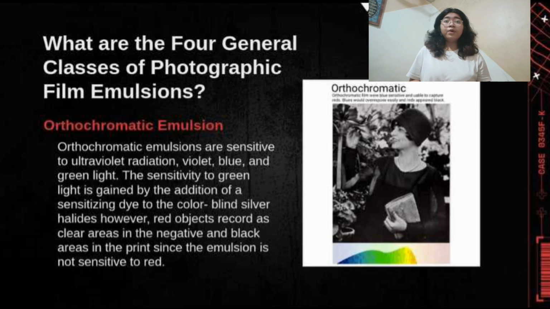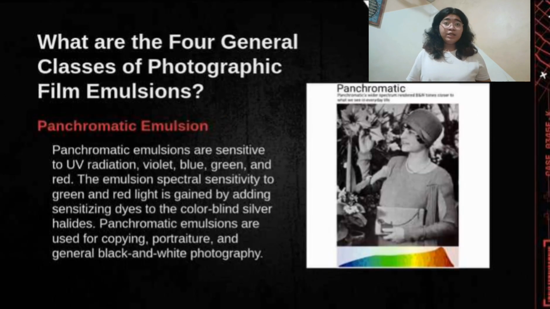This broad spectral sensitivity allows panchromatic emulsions to accurately capture and reproduce a full spectrum of colors and tones in black and white photography. To achieve sensitivity to green and red light, panchromatic emulsions incorporate sensitizing dyes into the colorblind silver halides used in the emulsion.